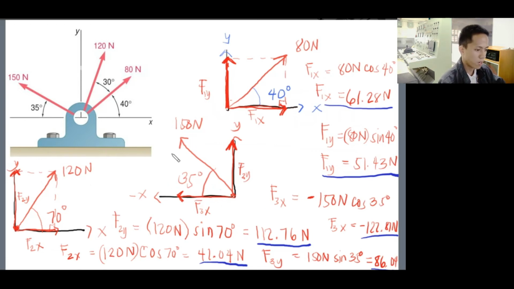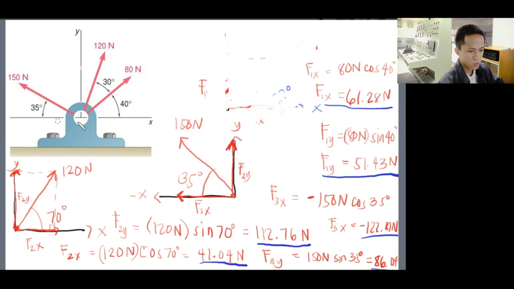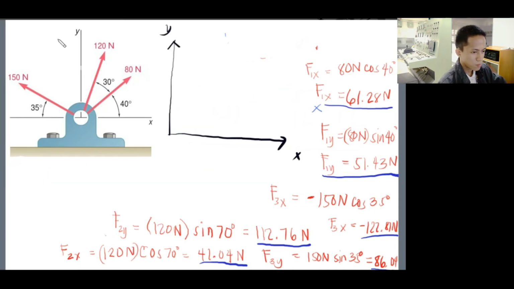So, pagsasamahin natin sila. I-drawing natin ito guys, mas maintindihan nyo pag drawing natin. So, i-illustrate natin siya. I-delete muna natin itong mga drawings dito. I-retain natin yung mga components na na-solve natin. So, we have here yung ating F of 1x that is 61.28 newtons.